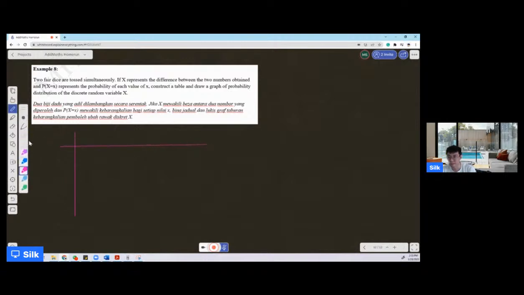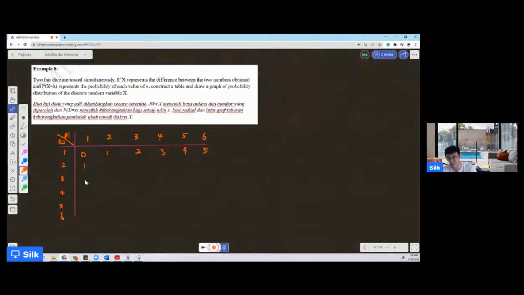Okay, let me change the color. So dice 1 and dice 2. Dice 1 can get 1, 2, 3, 4, 5, 6. Dice 2 can be 1, 2, 3, 4, 5, 6. What is the difference? 1 and 1, 0 difference. Then 1 difference, 2 difference, 3, 4, 5 difference, 6 minus 1.